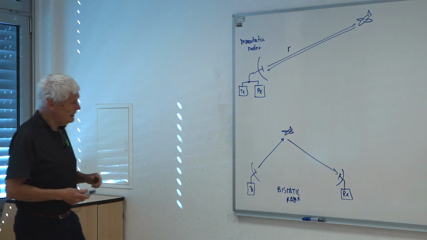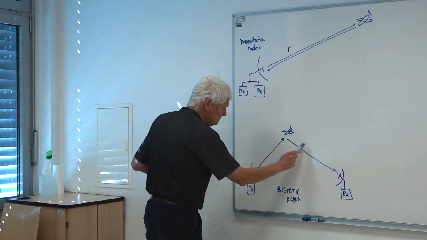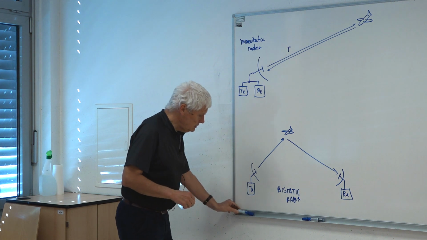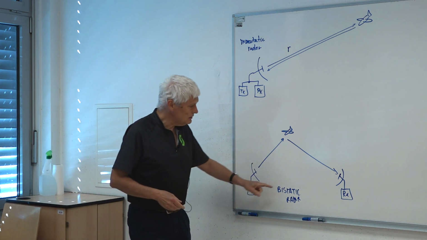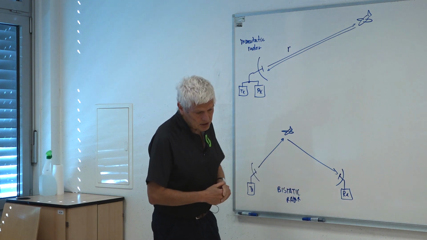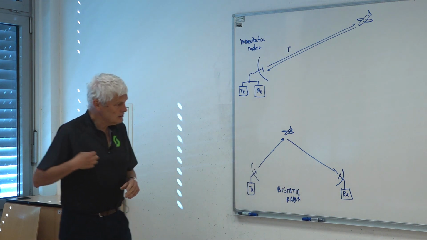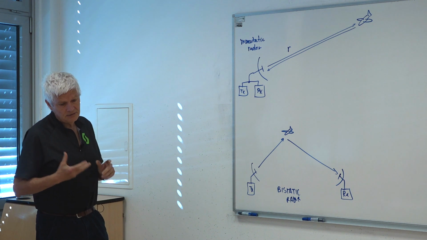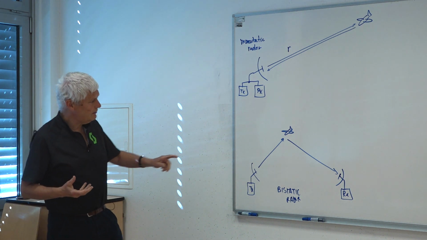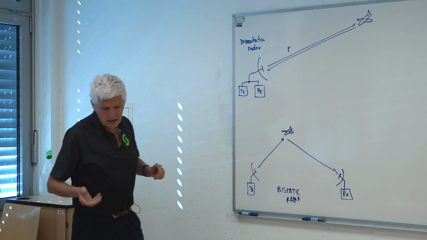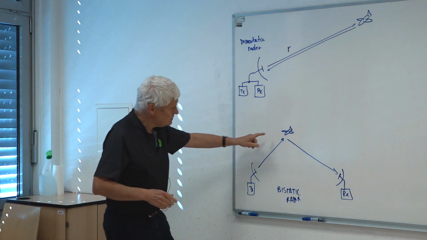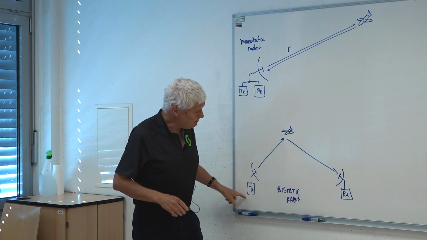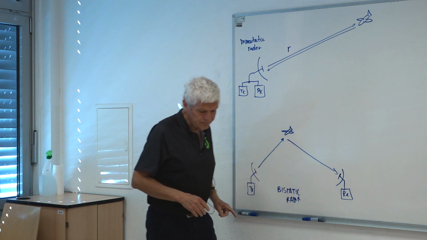But on the other hand, a very simple use of the bistatic radar is to arrange for long distance communication. Radio amateurs are using this in Europe because air traffic is very dense in Europe. You have lots of aircraft flying at around 11 kilometers altitude, and you may receive these reflections of the transmitted signal up to a distance of 500 kilometers.